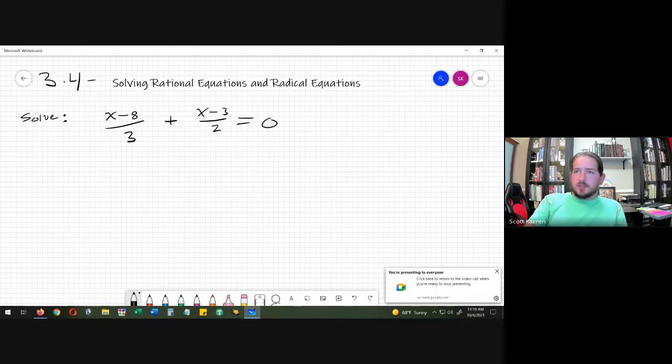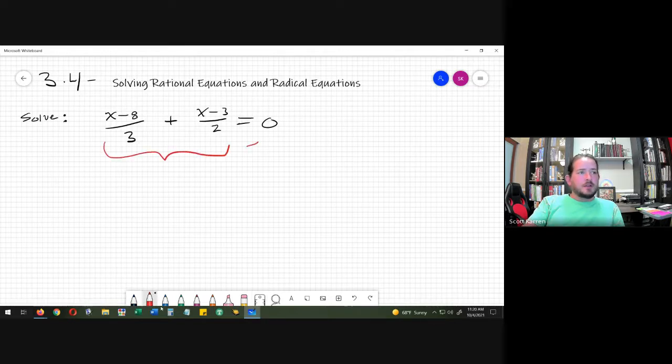We're asked to solve for x. We're essentially trying to figure out when this function on the left is going to be equal to 0. One of the nice, easy ways to do this is to get rid of the denominator altogether.